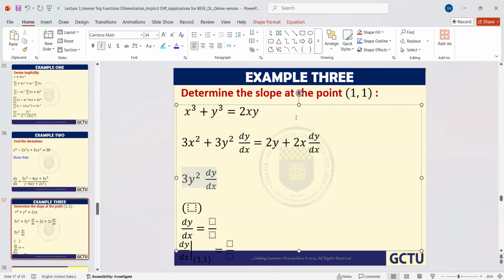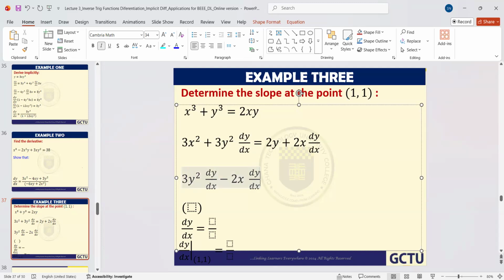When it's plus here, it comes to the left, that gives you minus 2x dy/dx.